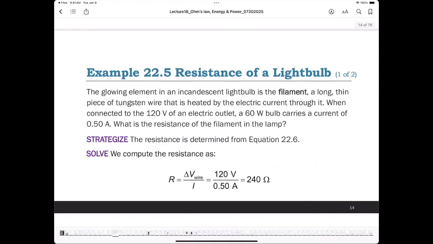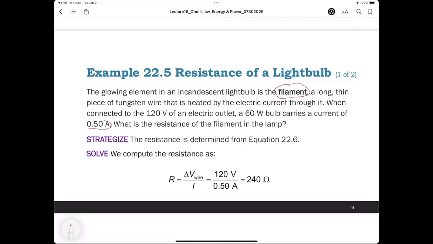Okay, let's continue to talk about one example, the resistance of a light bulb. The glowing element in an incandescent light bulb is a filament, a long thin piece of tungsten wire that is heated by the electric current through it. When connected to the 120 volts of an electric outlet, a 16-volt bulb carries a current of 0.5 ampere.